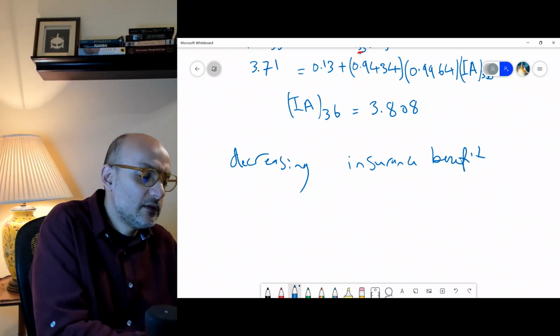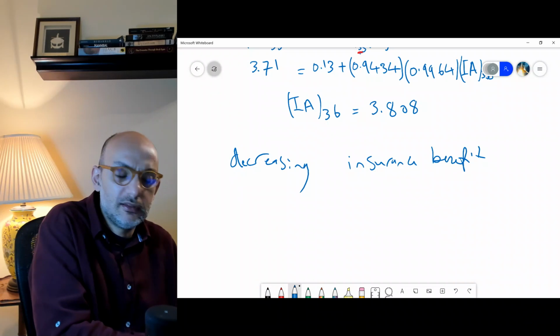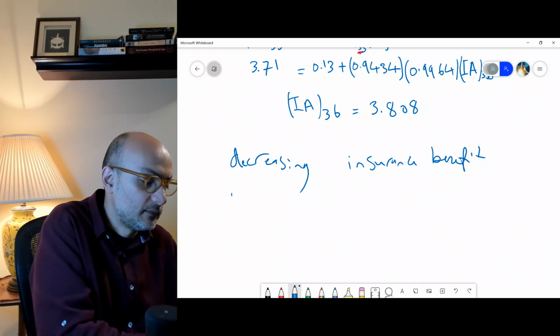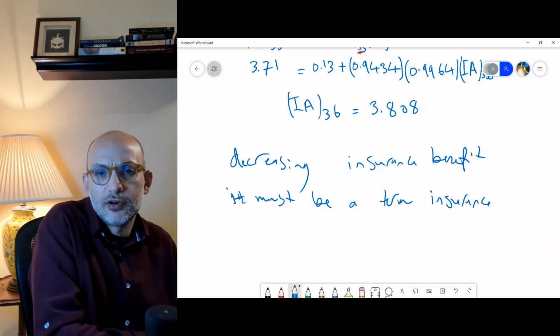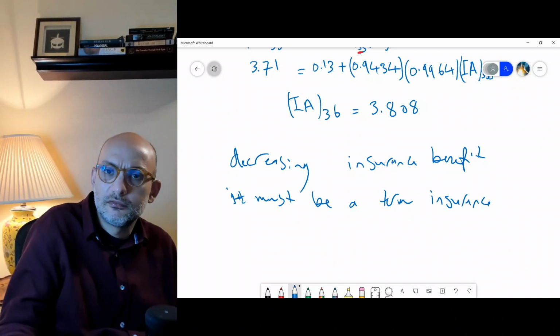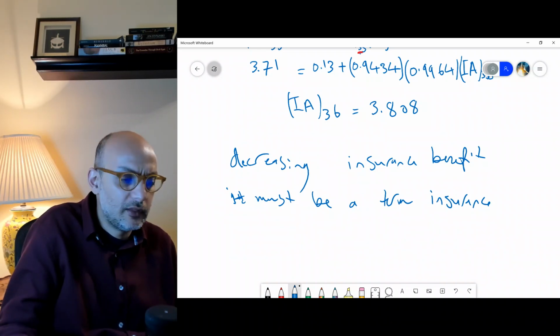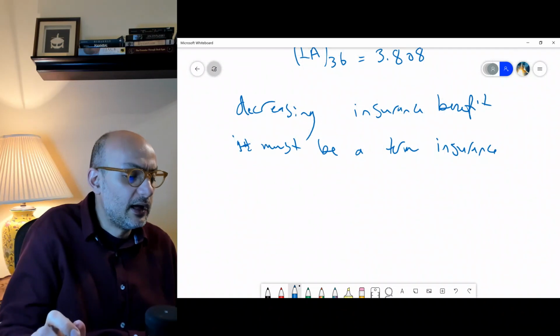But given it has to be a term insurance, it must be. Because if it's not term insurance for decreasing, it might get into negative value, as we discussed in the continuous case.